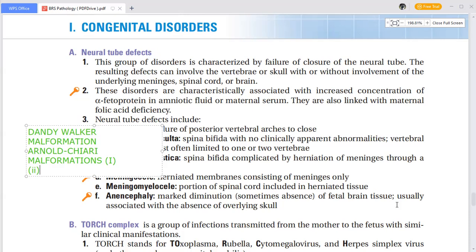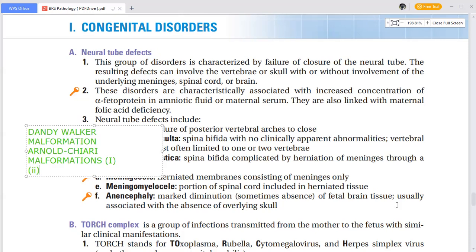And then we've got Chiari malformation type 1 and Chiari malformation type 2. In Chiari type 1, the malformation is associated with low-lying cerebellar tonsils extending into the vertebral canal. It is often clinically silent, but it can present with CSF flow obstruction.